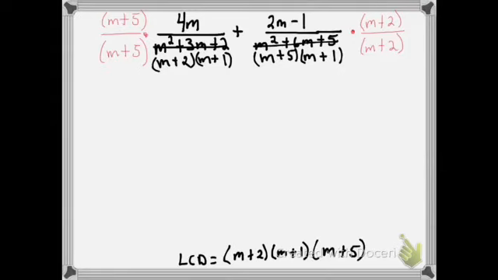And so we will start by taking this 4m and distributing it. When we multiply 4m times m, we're going to get 4m squared. And then 4m times 5 is going to be 20m.